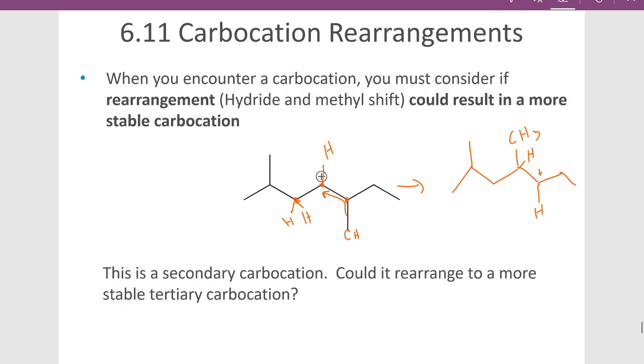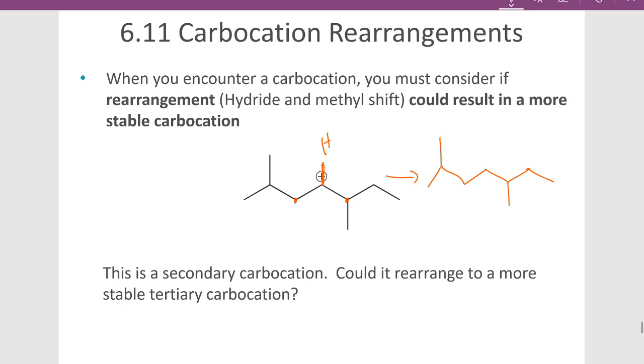Okay, let's do this one again. Sometimes you got to sit and think about it a minute. So the question is, what would result in a more stable carbocation? So going back, we had a hydrogen on that carbon and 2 other carbons. So we're looking to form a tertiary carbocation there. Okay, so the carbon next door on the left just has 2 hydrogens. If we move a hydrogen over, we're not going to have a more stable carbocation.